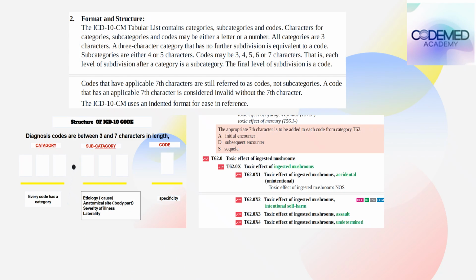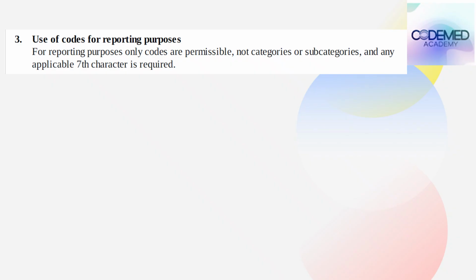We have seen the structure of ICD-10-CM, what is the category, then the decimal point, their subcategories, and how the codes have 4, 5, 6, 7 characters, and the applicable 7th character, where to look for that applicable 7th character. All that we have seen in part 1. So there are 19 conventions altogether. I'm going number-wise, and this is the third one.